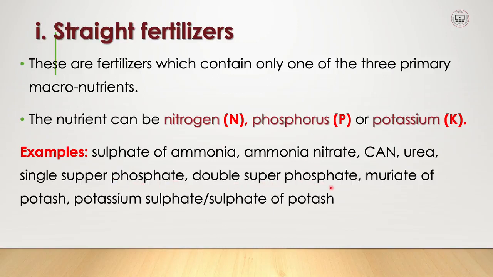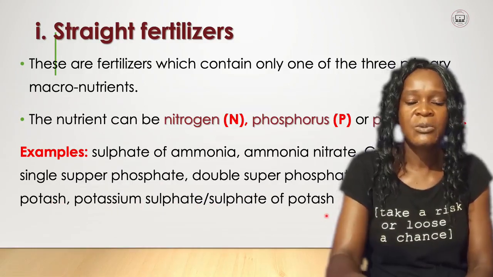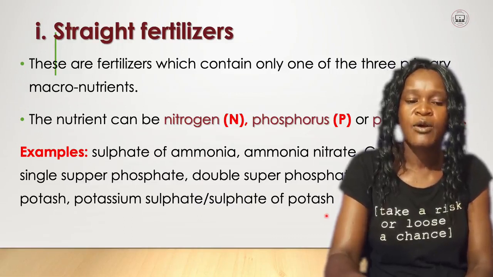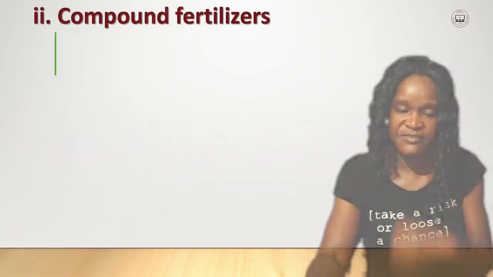Double superphosphate, there is only phosphorus. Then we have muriate of potash, there is only potassium. Potassium sulfate or sulfate of potash, there is only potassium. So these fertilizers, just because they contain only one primary macronutrient, are regarded as straight fertilizers.